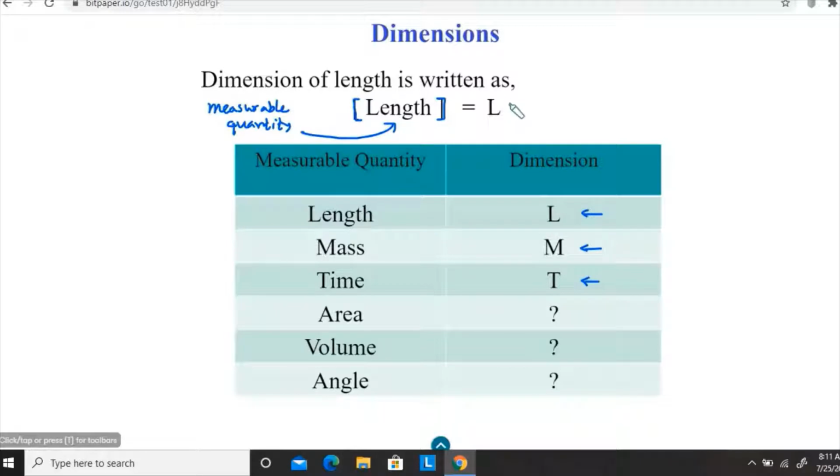And always remember the exponent. Here there's an exponent, and that is also important. So the dimension of a measurable quantity includes the symbol plus the exponent.